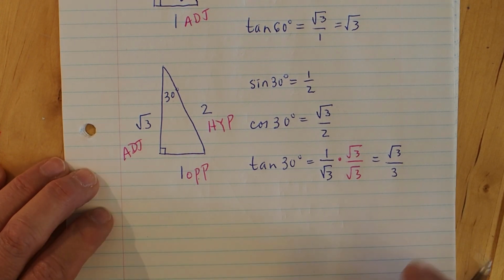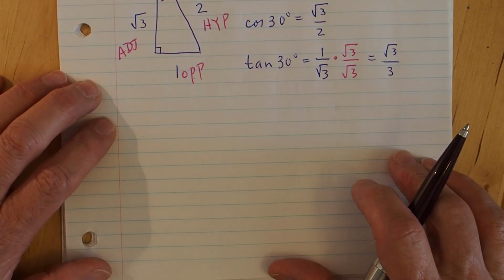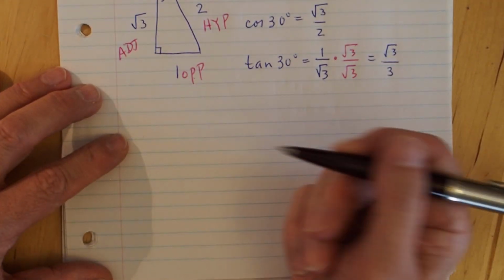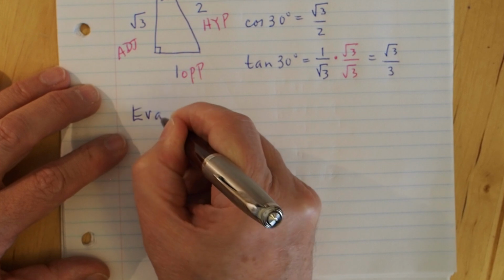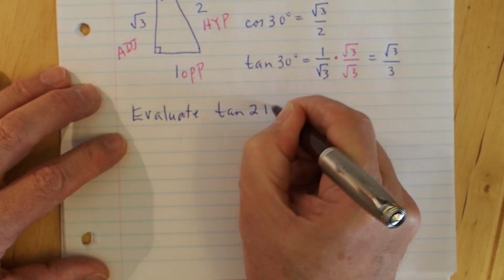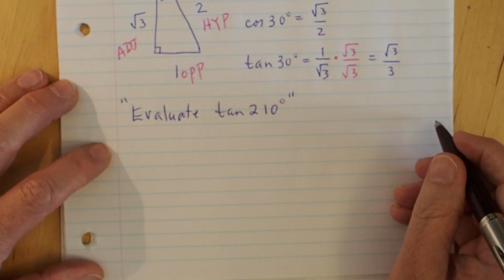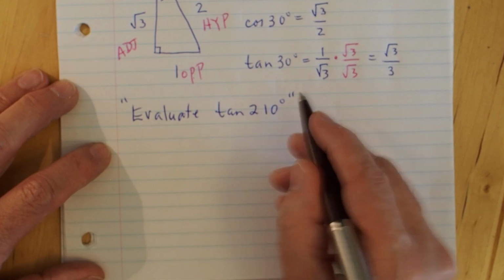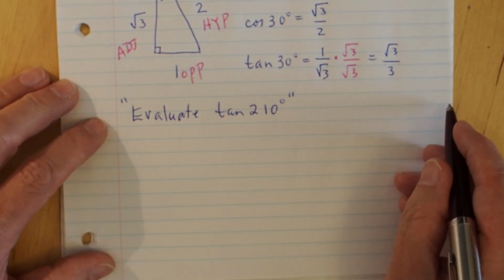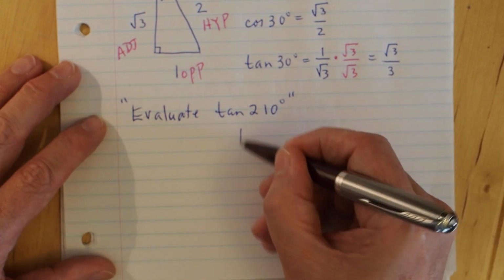What's the most common application of this knowledge? The most common application is to do questions like this. Evaluate the tangent, for example, of 210 degrees. Would be a good sample question. To do that, you migrate this information into an analytic setting, and that's just math, fancy speak for on the xy plane.